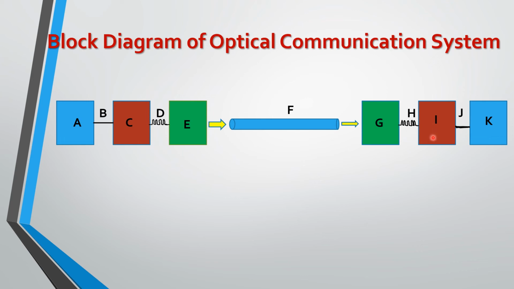Here the digital or coded signals are converted back into continuous electrical signals by means of a digital to analog converter. And J represents the wire pair which carries the electrical output signals to K. And K is the telephone receiver. And here the electrical signals are converted into corresponding sound waves.